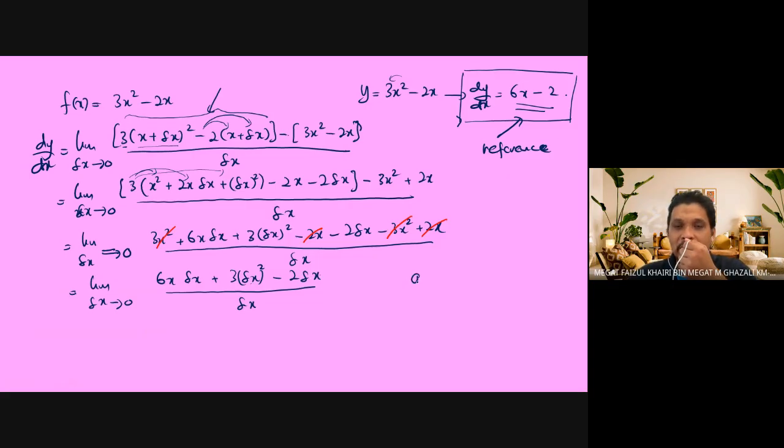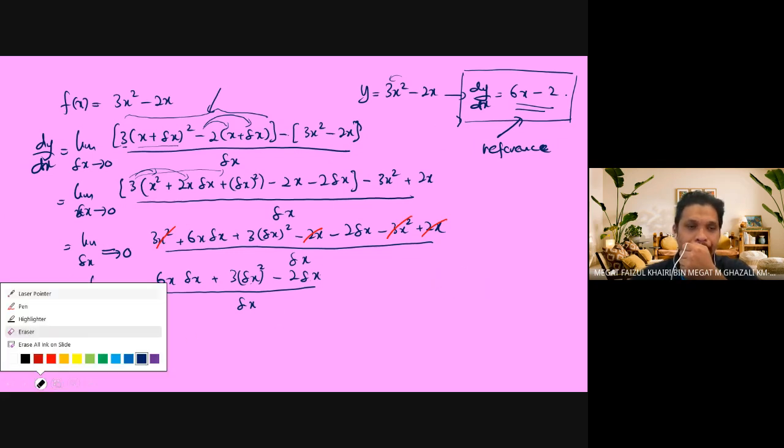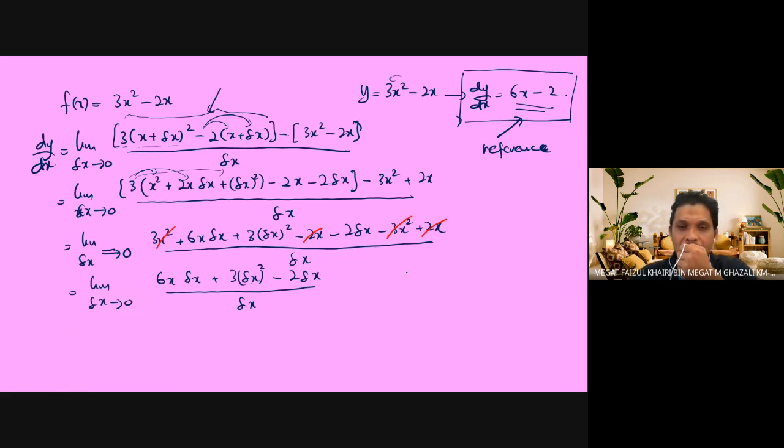If I have this, 6xy plus y squared minus 2y divided by y.